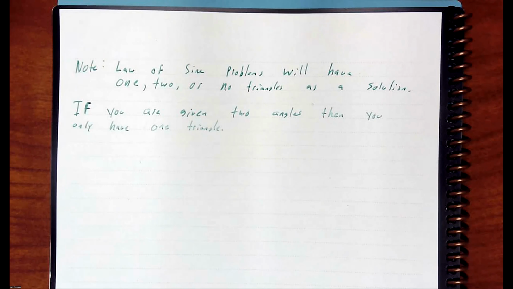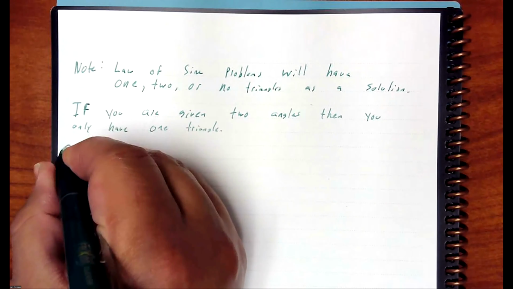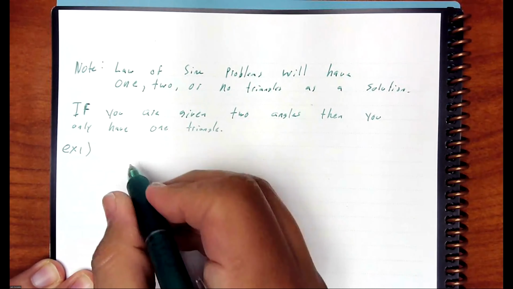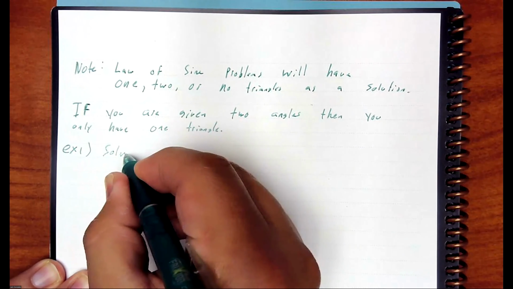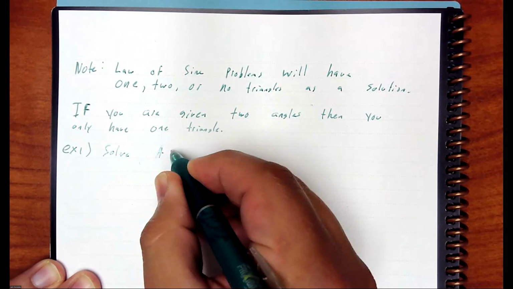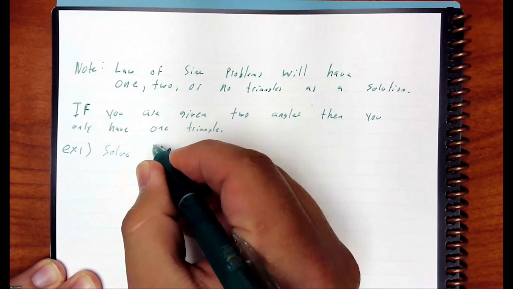If you have two angles, then the other one has to be a specific angle, right? Because it has to sum up to 180. So you're not going to use sine inverse. When you use sine inverse, that's when the possibility happens. Okay, so question one, example one. Solve this type: angle, angle, side.